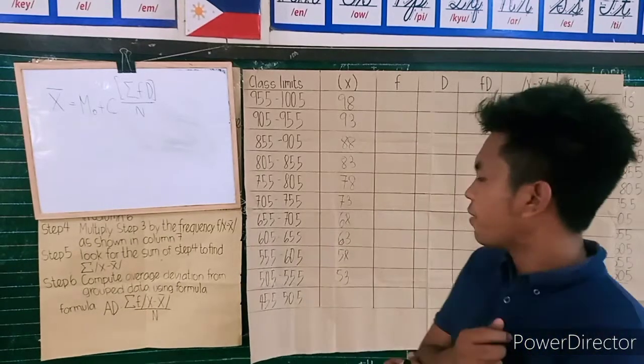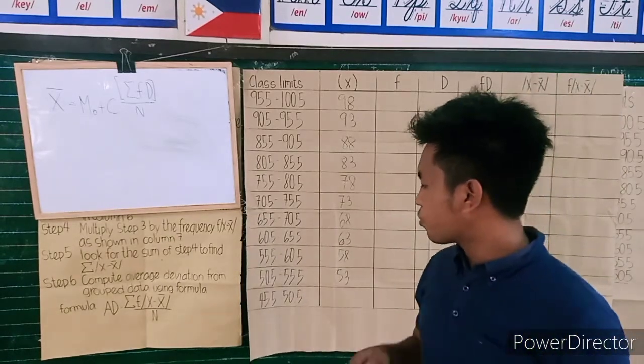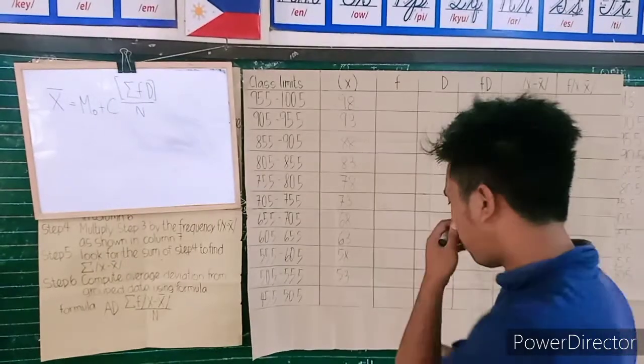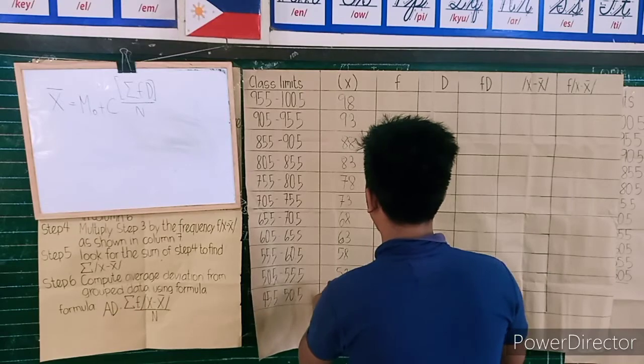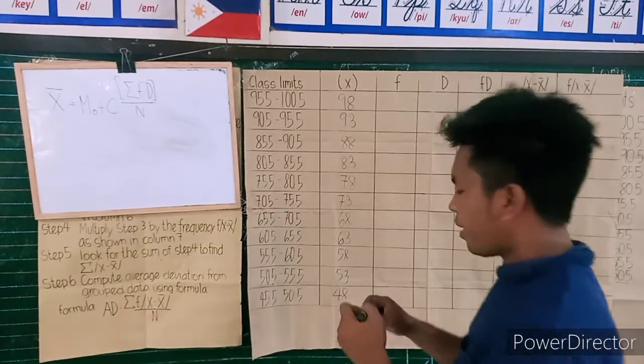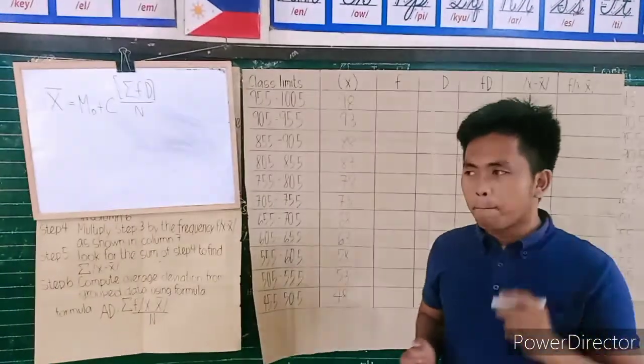And 45.5 plus 50.5 equals 48. So we are done in getting our midpoints.